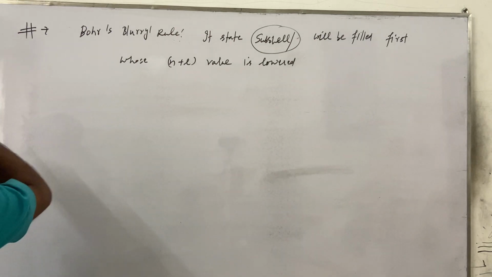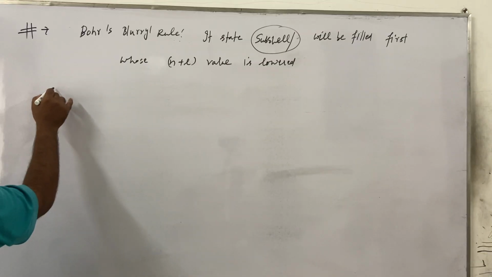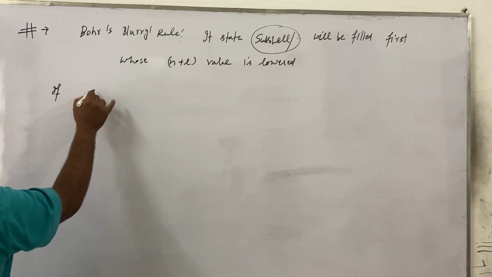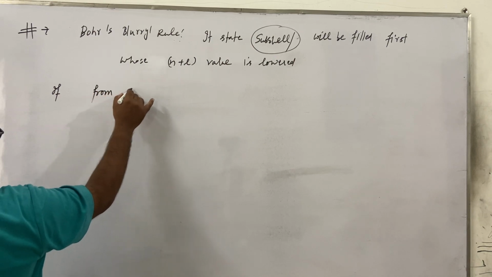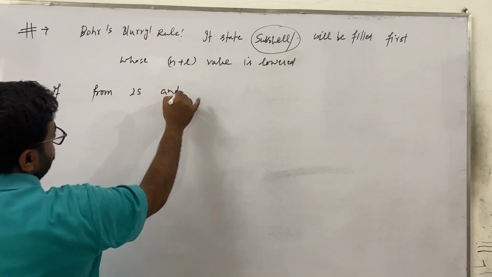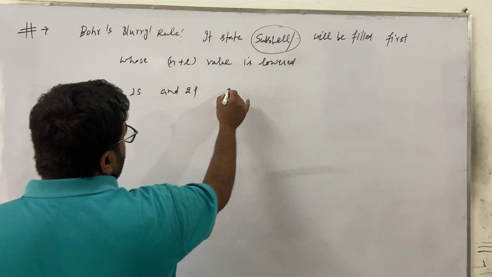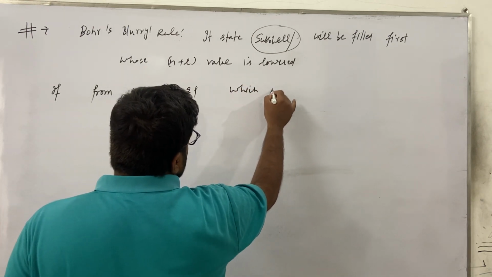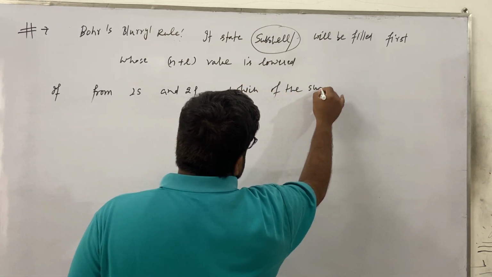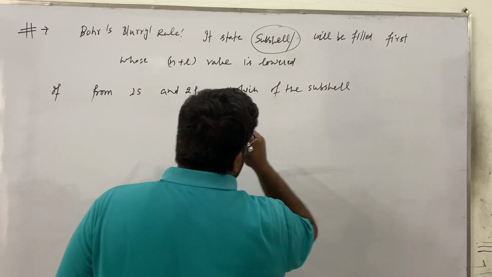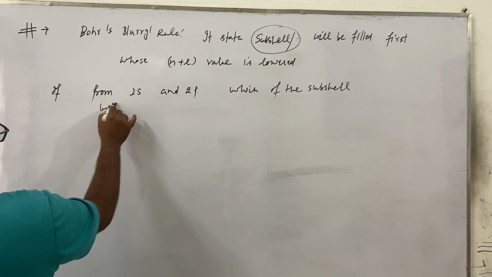For example, out of 2s and 2p, which subshell will be filled first?